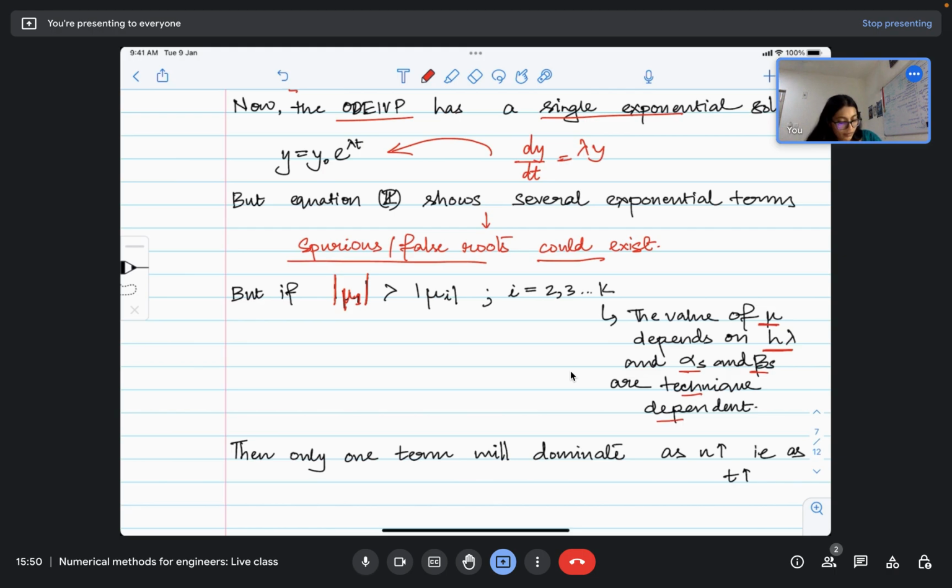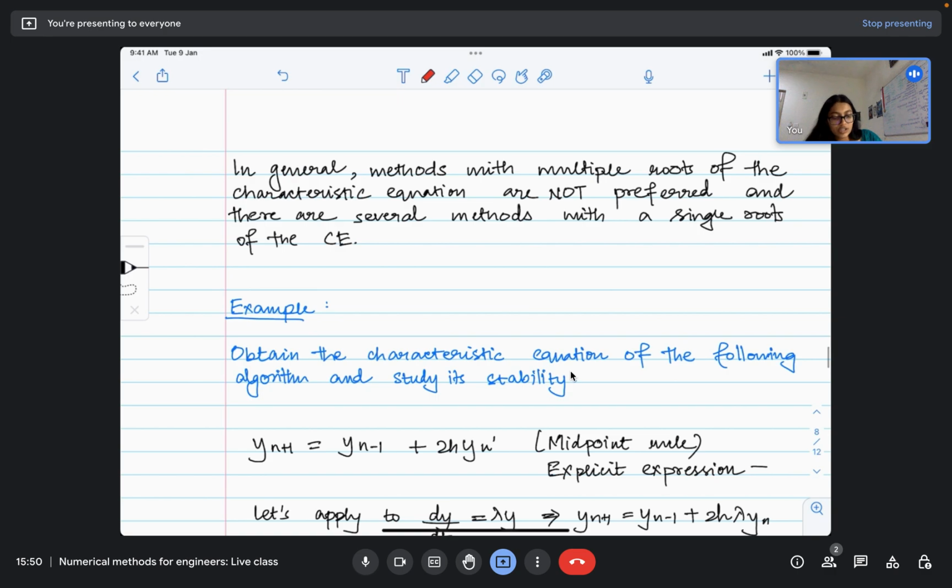Okay. Now, in general, methods with these multiple roots of the characteristic equation are not preferred, and hence several methods with single roots were later found for the characteristic equations.